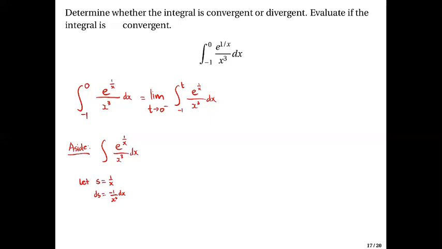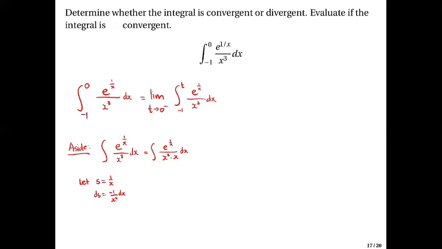Now look at this. The original, we can rewrite it as the integral of e raised to 1 over x divided by x squared times x, and then you have the dx. So you have the 1 over x squared, and you also have your 1 over x.